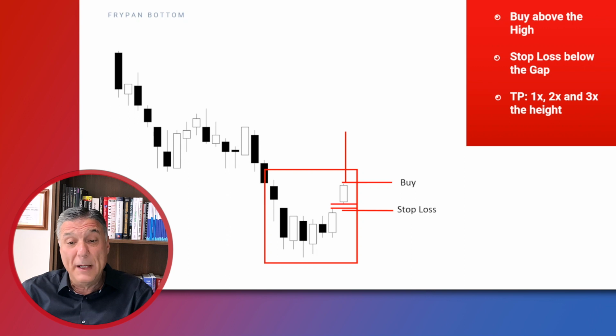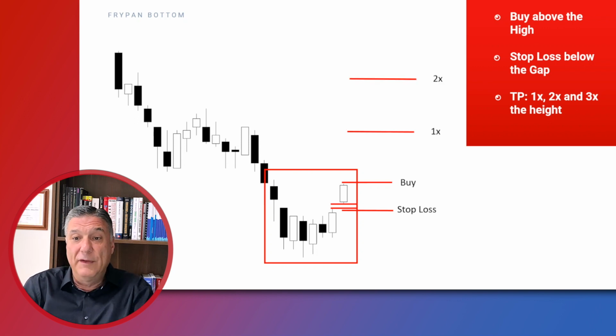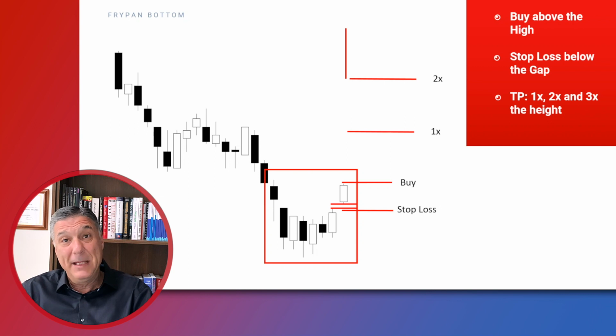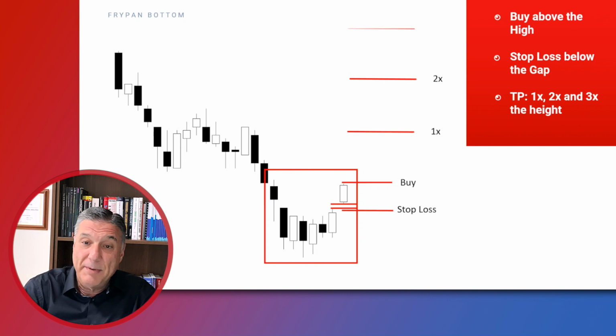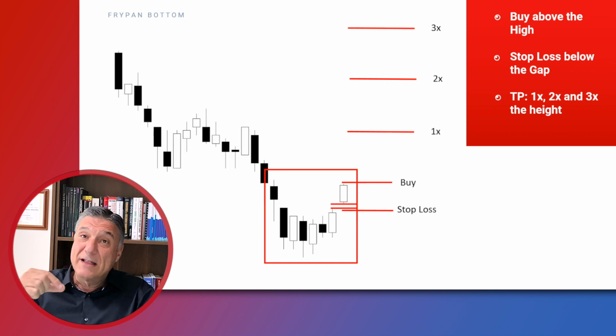We close part of our trade there, then extend it 2 times the height of the pattern for the second take profit level, and then 3 times the height of the Frypan for our last take profit level. If you wish, allow a small part of your trade to run even higher, but be reminded that when you identify any reversal in the opposite direction, you have to exit your trade.